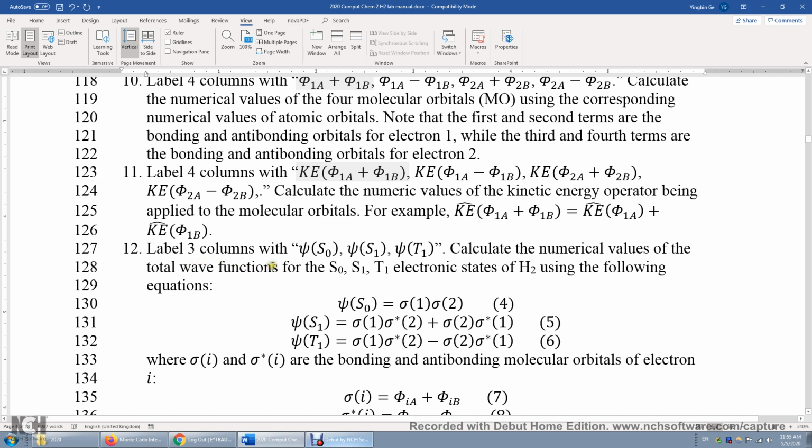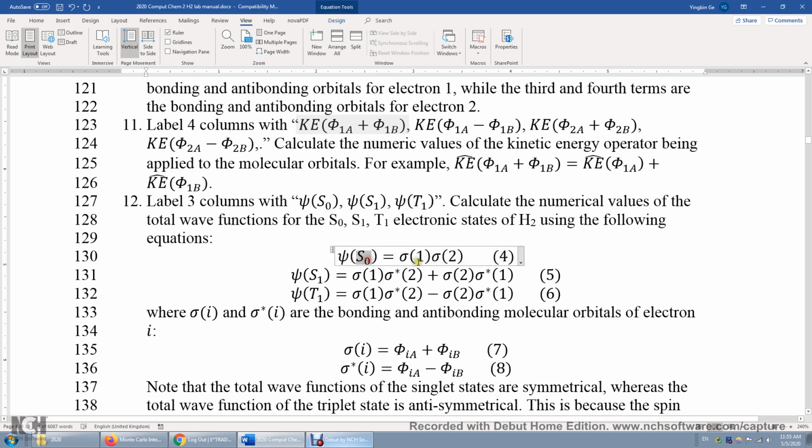And also, we need to ensure that the total wave function for these 3 electronic states should be anti-symmetrical. So let's say for the ground state, you have electron 1 in the sigma bonding orbital and electron 2 also in the sigma bonding orbital. So these 2 electrons are paired. And then we have this so-called spatial wave function. This is symmetrical.